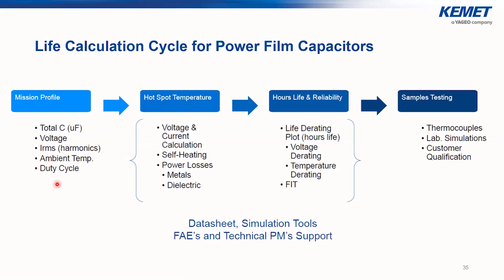So any information that is useful with all the mechanical aspects, if there is cooling or no cooling. And then we will have internal software to simulate all these parameters and evaluate the lifetime of these capacitors. And then we can provide samples with thermal probes to compare the simulation to the experimental data.